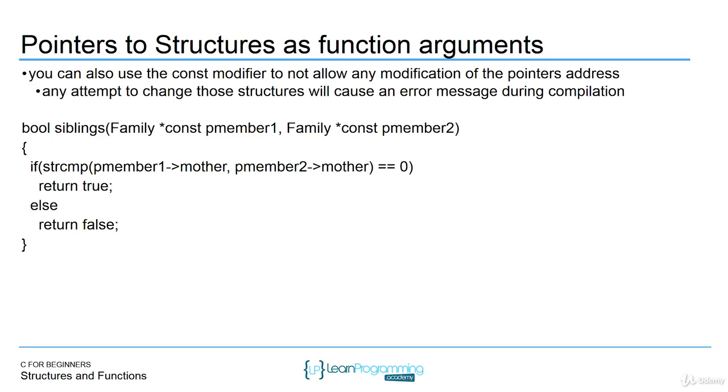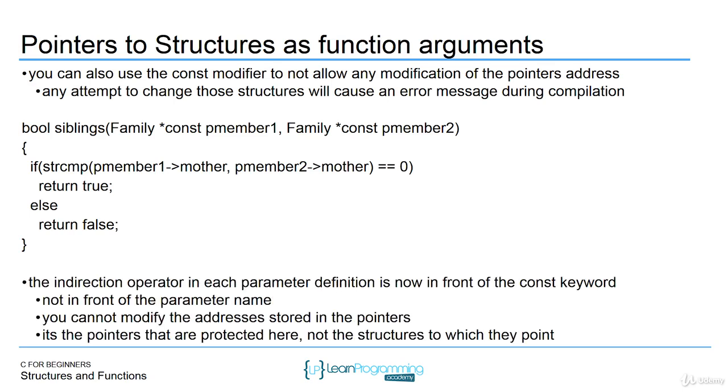You don't need to do this, but you can. And here again, you wouldn't be able to change the address of what p member is. In this case, you're just accessing the data anyway to see if they're equal. The indirection operator in each parameter definition is now in front of the const keyword, that asterisk. It's not in front of the parameter name. You cannot modify the address stored in the pointers because it's after the asterisk.